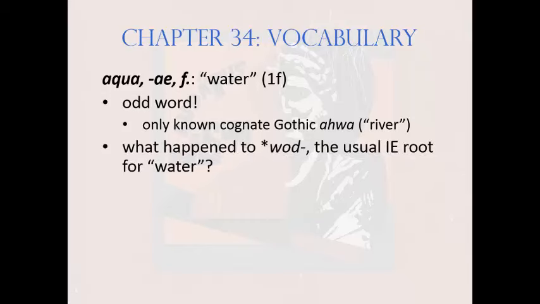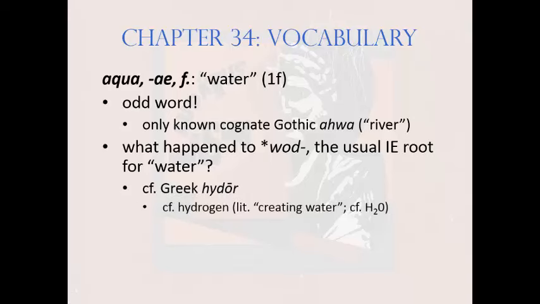What happened to wad, the usual base for water in Indo-European? What you see in the English water. What the Greeks transmuted into hudor, which is seen in our Greek derivative of hudor, hydrogen, meaning literally creating water. It's the H in H2O. Wad even shows up in Russian as vodka.